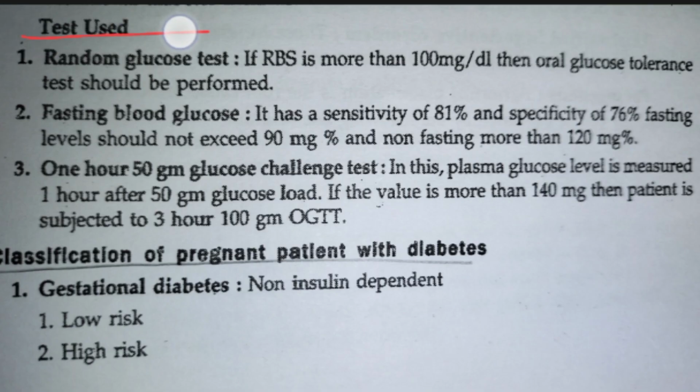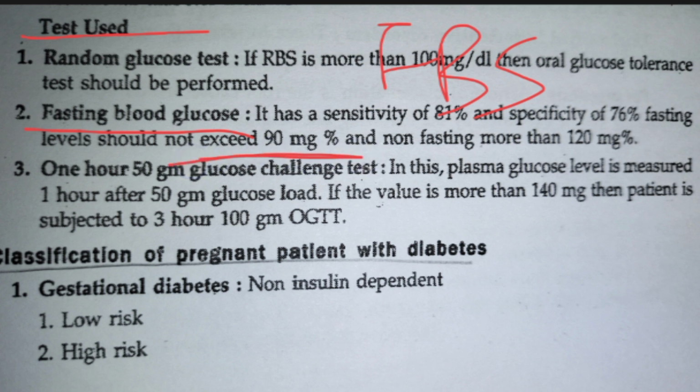Diagnosis of diabetes mellitus is done by FBS, fasting blood sugar or fasting blood glucose. Soon after waking up, without consuming any glucose, we need to take a sample of blood and perform the examination. If it is around 90 mg percent, it's okay. If it is more than that, then the person has diabetes mellitus.